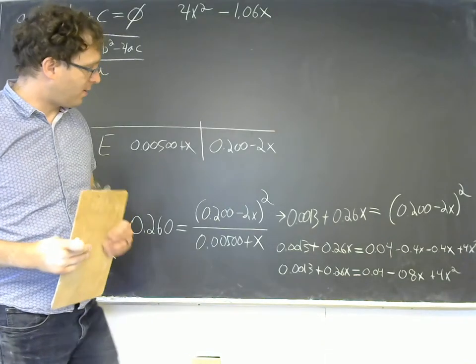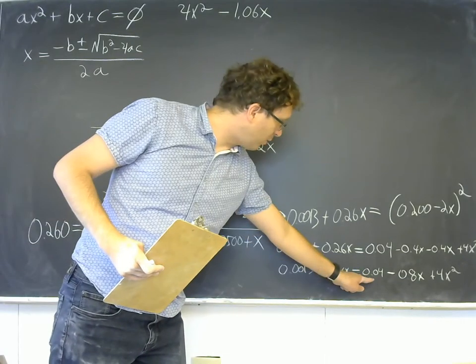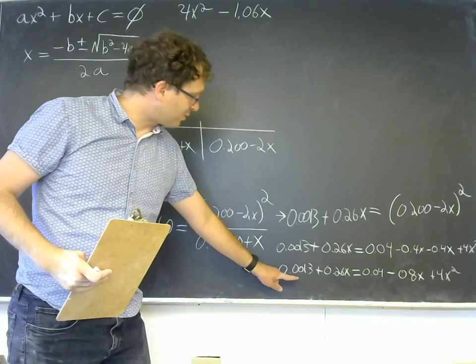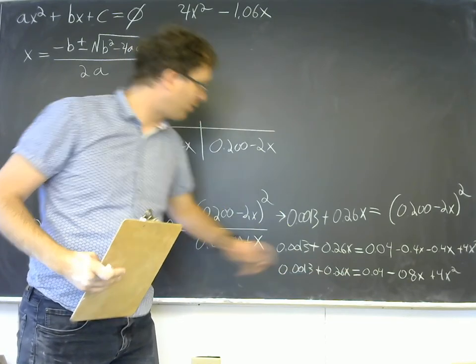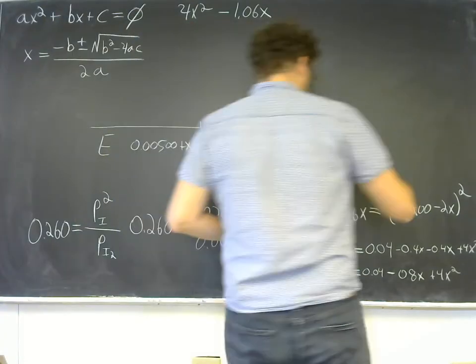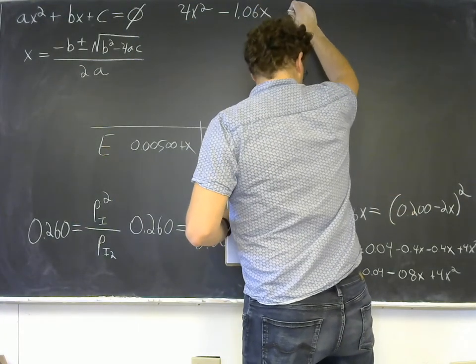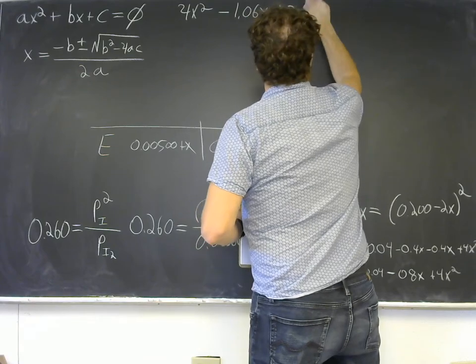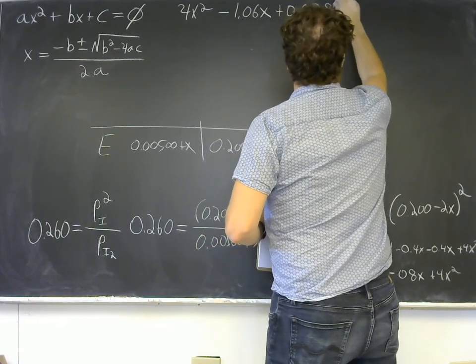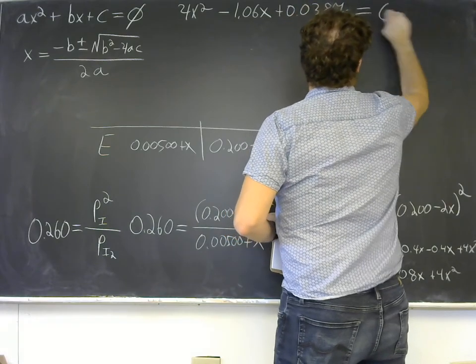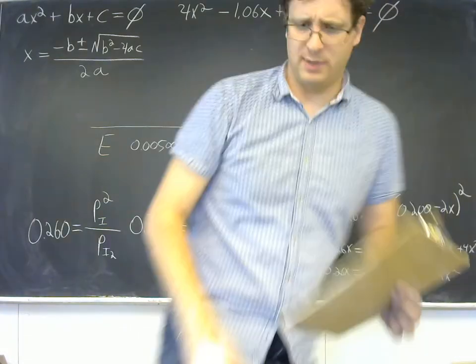And then we've got a 0.04, and we will be subtracting from that 0.0013. And so we're going to get a plus 0.0387. That is equal to 0. Let me double check that real quick.